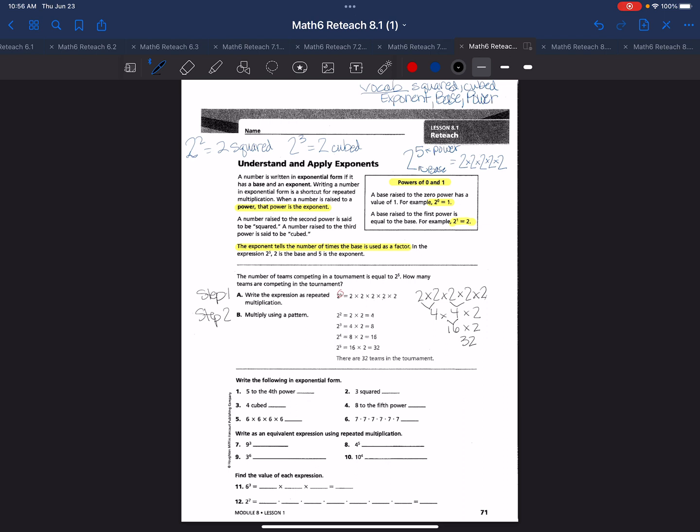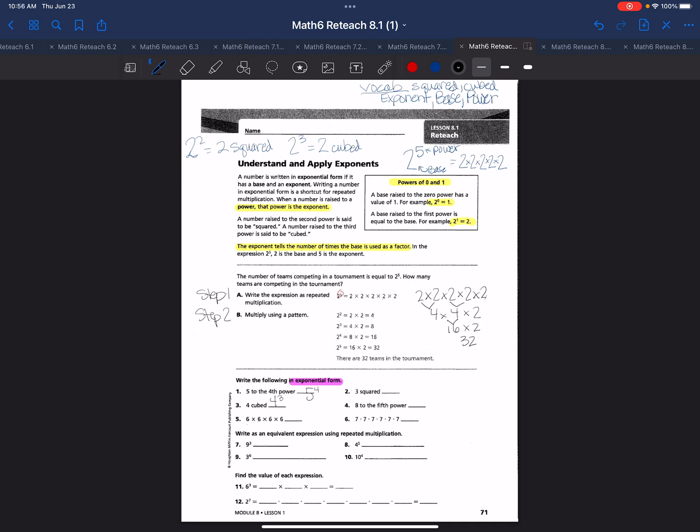Write the following in exponential form. So when we're looking at exponential form, we want to make sure we're writing that with the base and the power. So 5 to the 4th power would be 5 to the 4th power because we have a base and an exponent. 4 cubed would be 4 to the 3rd power. 6 times 6 times 6 times 6, I need to count those.